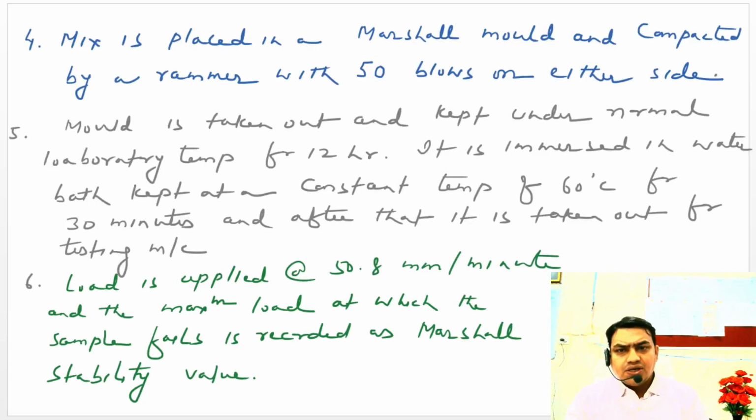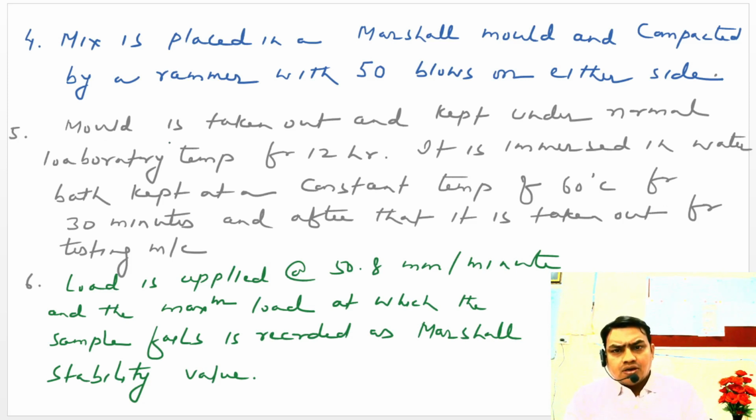Once it is mixed, the mix is placed in a Marshall mold and compacted by a rammer with 50 blows on either side. Then the mold is taken out and kept under normal laboratory temperature for 12 hours. It is immersed in a water bath kept at a constant temperature of 60 degrees centigrade for 30 minutes, and after that it is taken out for testing in the machine.